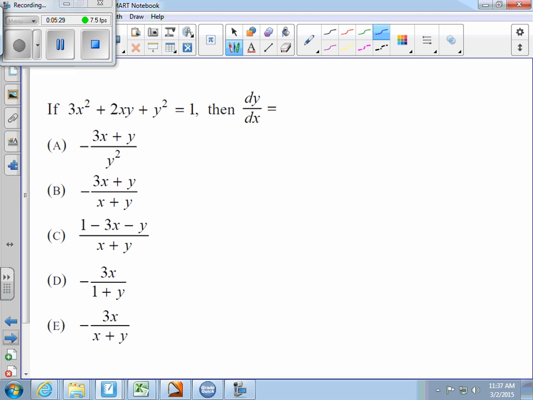Okay, this one is an old AP problem, a real old AP problem. It is actually off the AP exam. So, implicit differentiation, right?